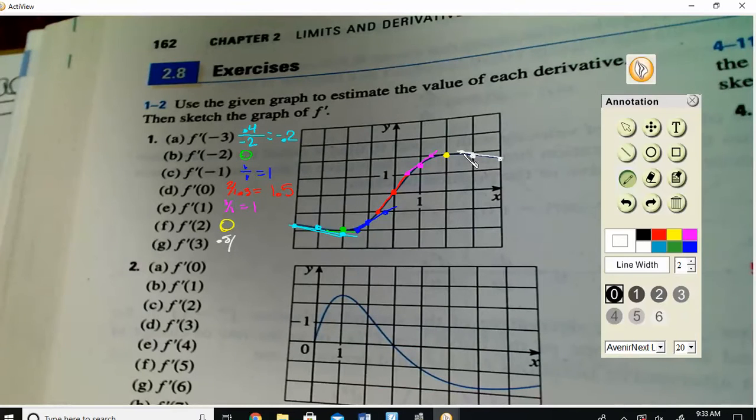Go backwards, negative 1.5. So if you divide, you get about a negative 0.3. Roughly.